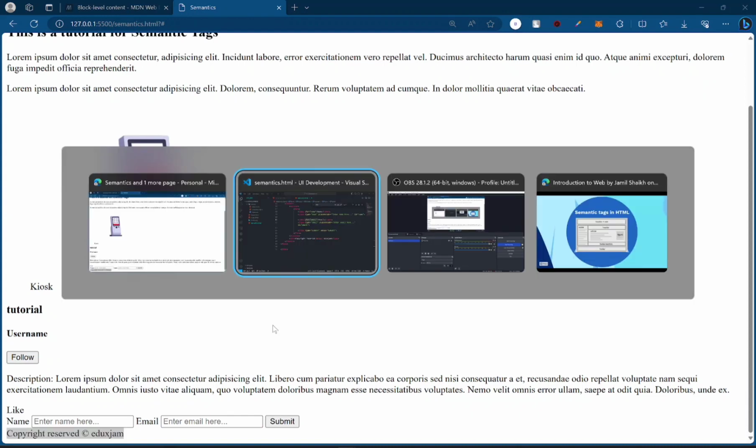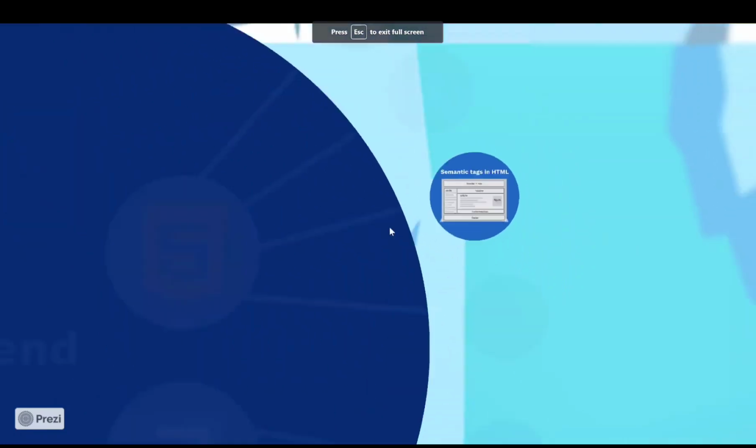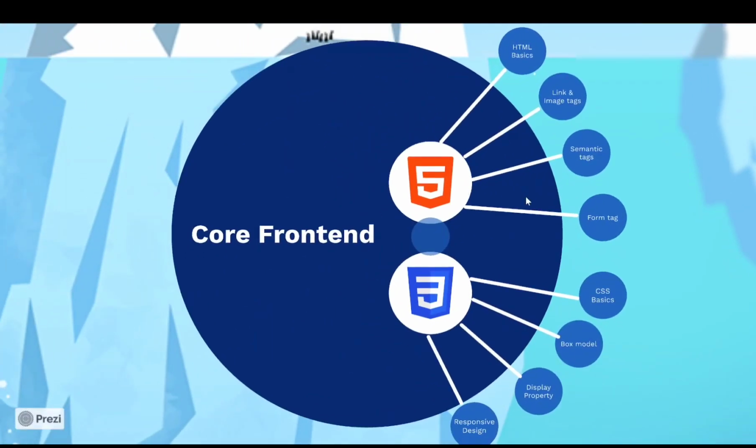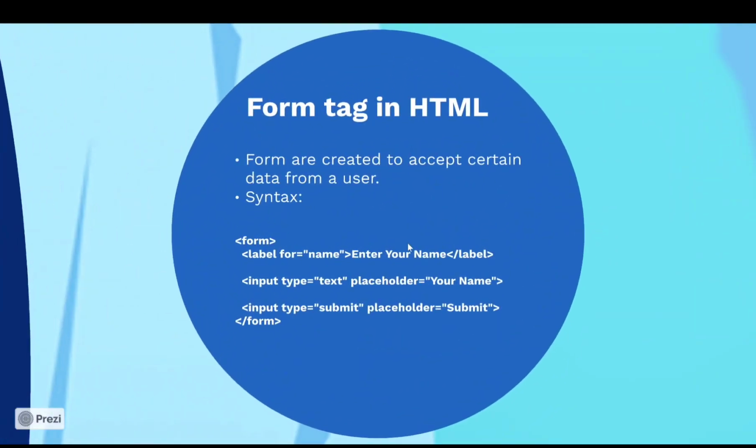All right. Now we have possibly cleared all the semantic tags, and we even created a small structure of an HTML document. We also studied the form tag. We saw label, and the significance of the for attribute. We saw input tags and the submit type of input tag.